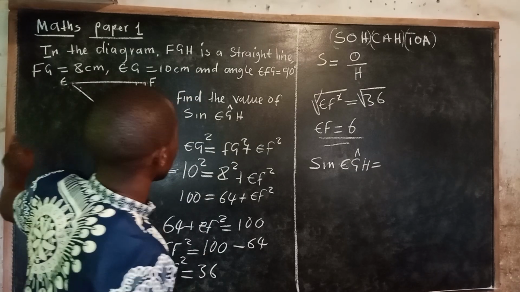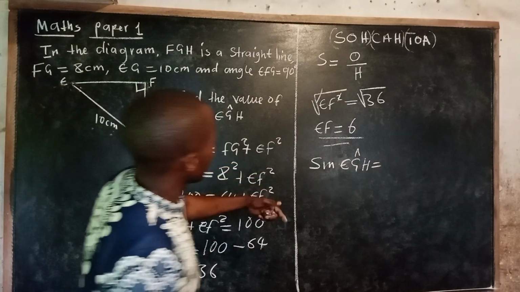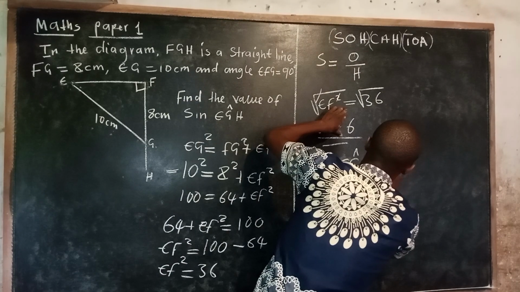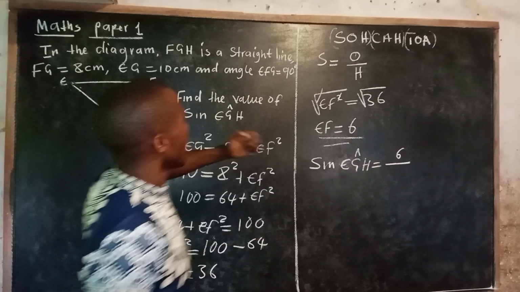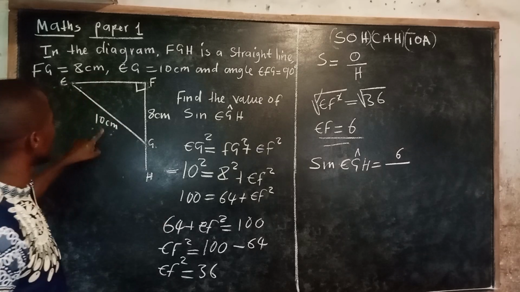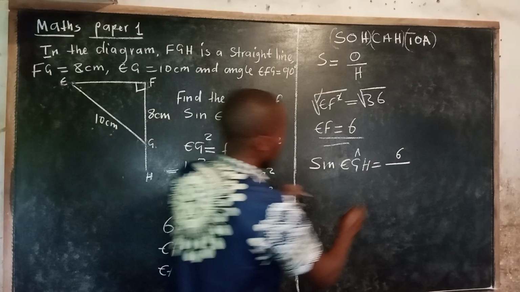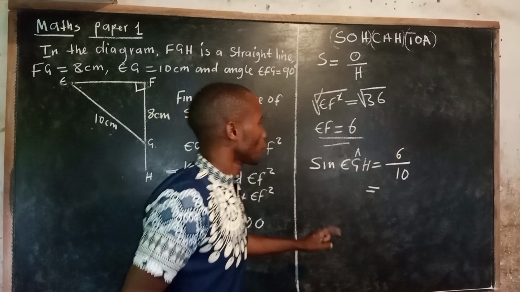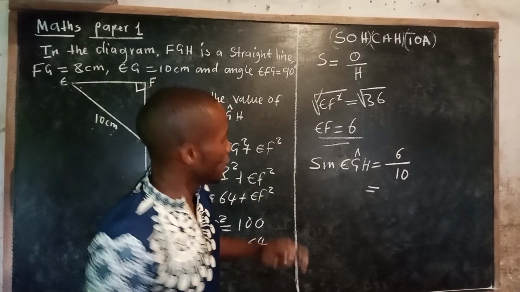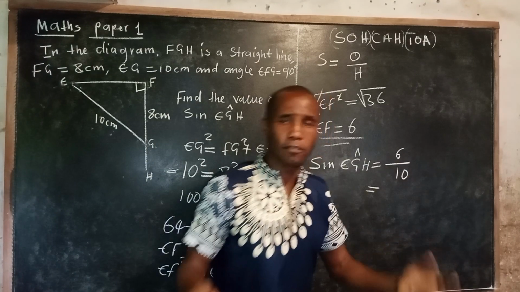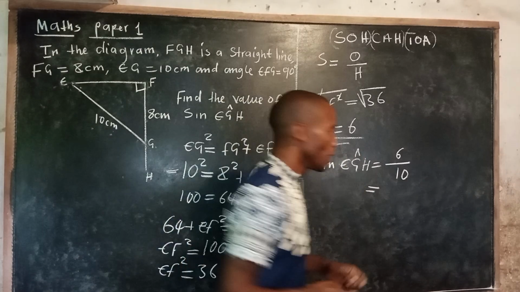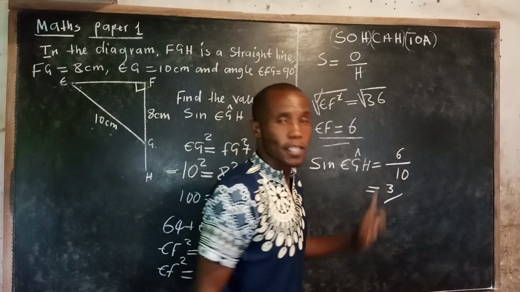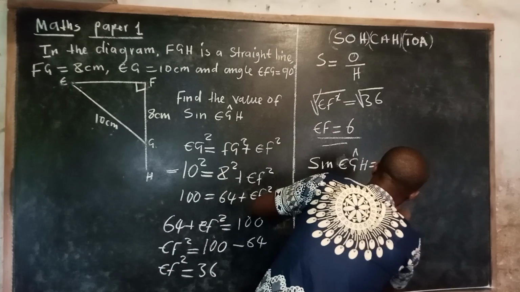Opposite in this case is the one that we have just found, which is 6. So you write 6 over the hypotenuse, which is 10. Then you look for a number that can go into 6 and 10 without leaving any remainder. I'm sure 2 can do. 2 into 6 gives 3, then 2 into 10 gives 5.